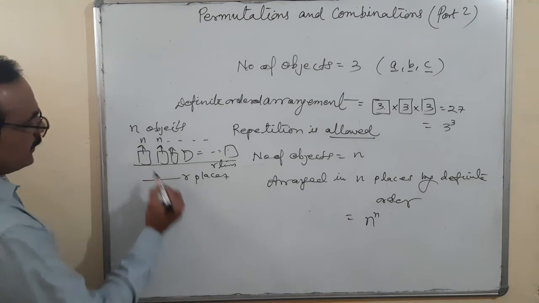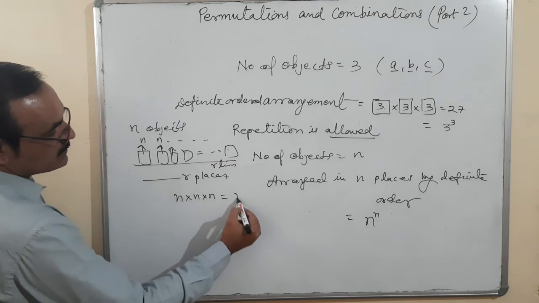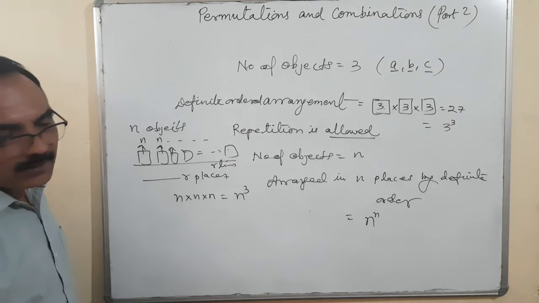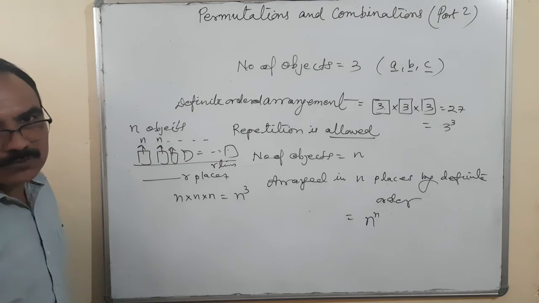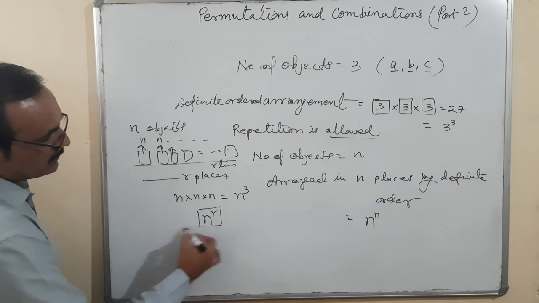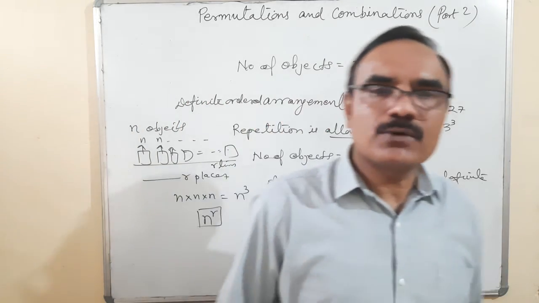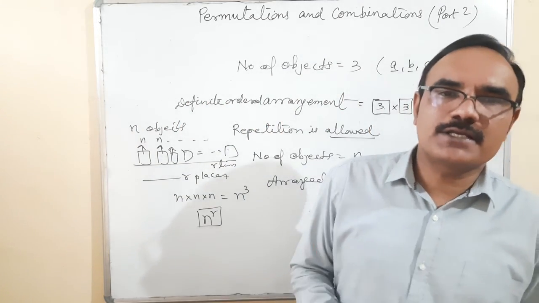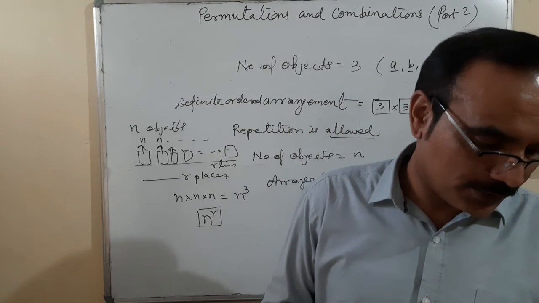If n multiplied by n comes 3 times, then we write n to the power 3. n multiplied by n comes up to r times. So that means n to the power r. Clear? And if r is equal to n, that means all are arranged at the same time, then n to the power n. So this is one theorem.